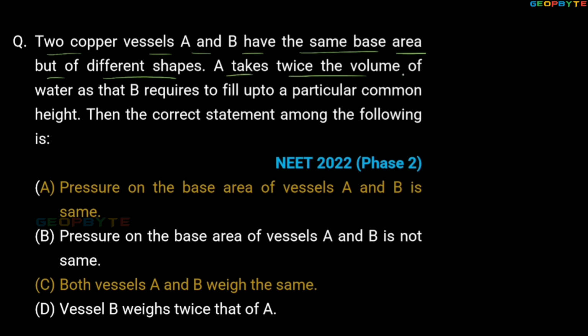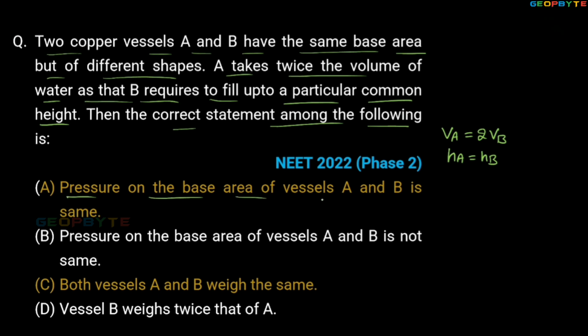A takes twice the volume of the water as that of B. That means volume of A equal to 2 times the volume of B to fill up to a particular common height. Particular common height means height of A equal to height of B. Okay.